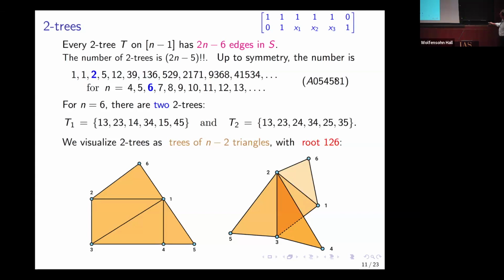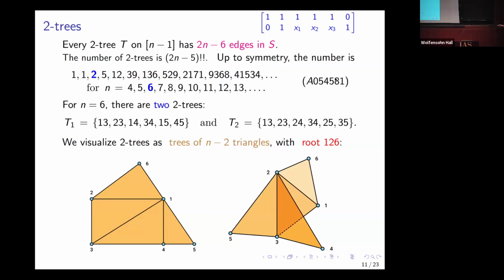For example, for n equals 6, this is our M0n, M06 space, glued from 60 happy sociohedra. There are two non-isomorphic two trees. There's the planar two tree, T1, and there's a non-planar two tree, T2.